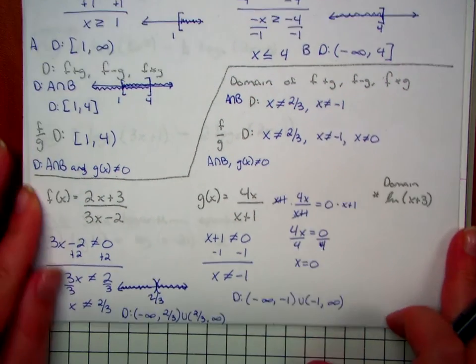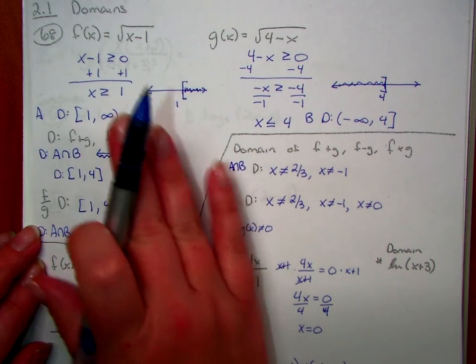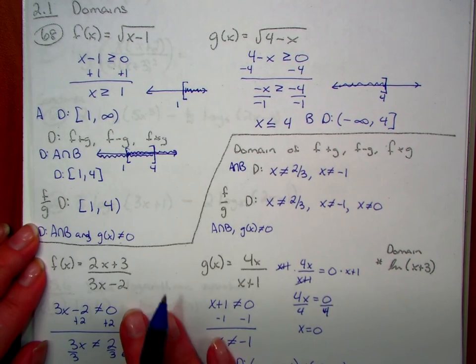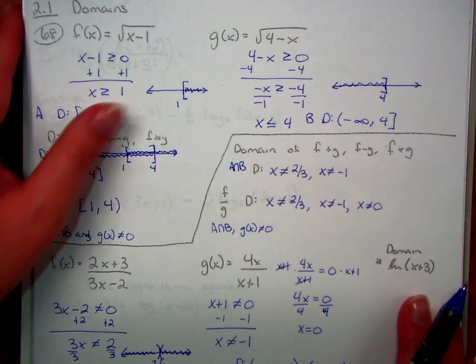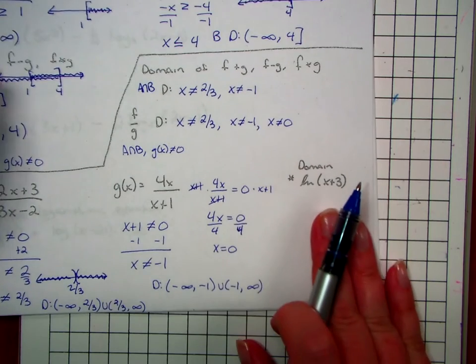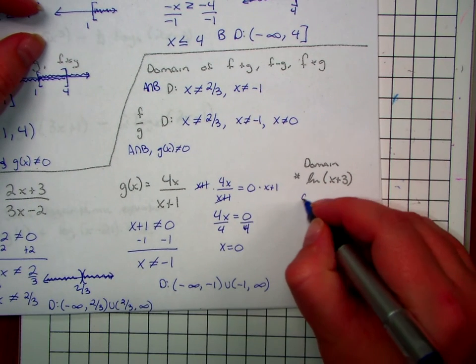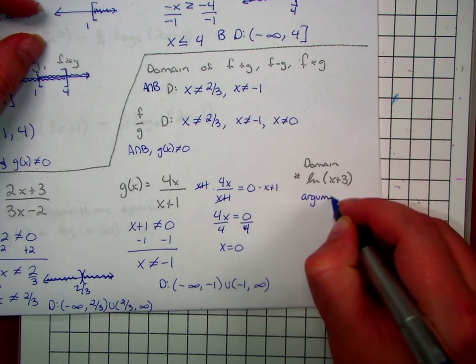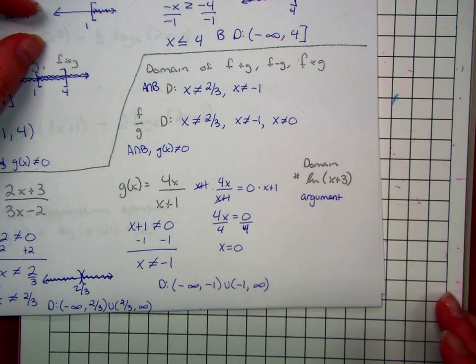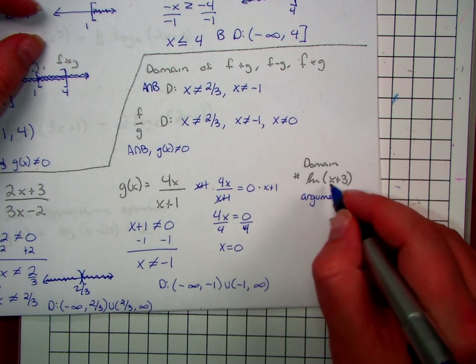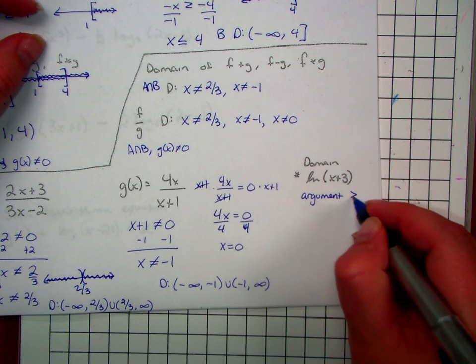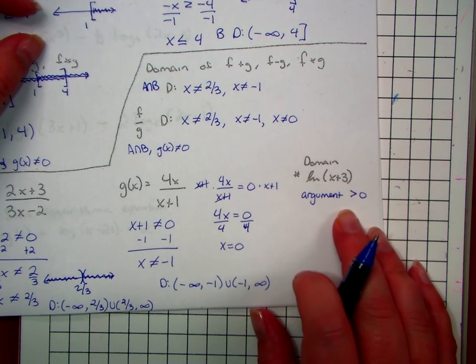Not only did we find domains of square roots and fractions, we are also interested in domains of logarithms. Remember, in a logarithm, you can't take a log of 0 or a negative. So the argument inside here must be greater than 0. You can't let it equal 0.